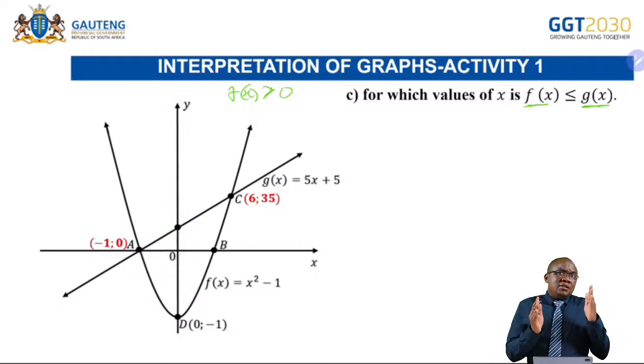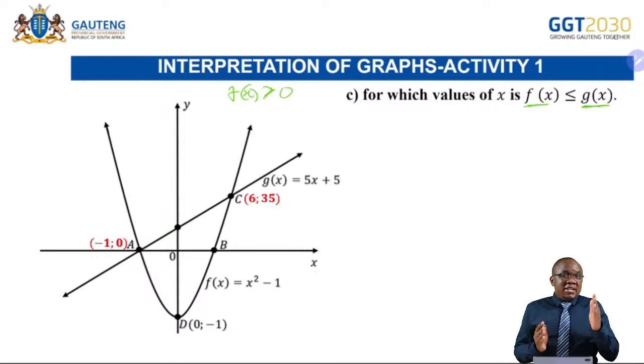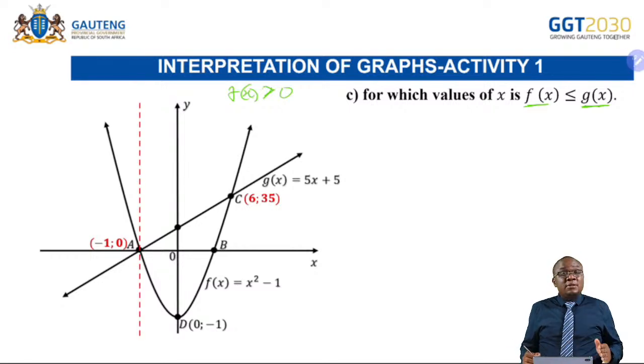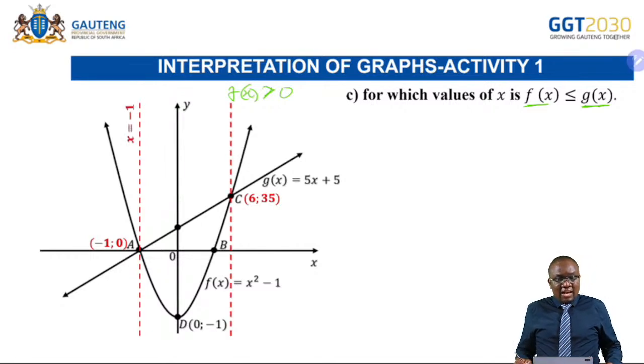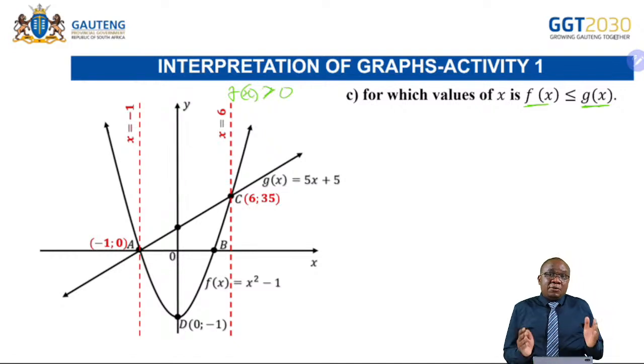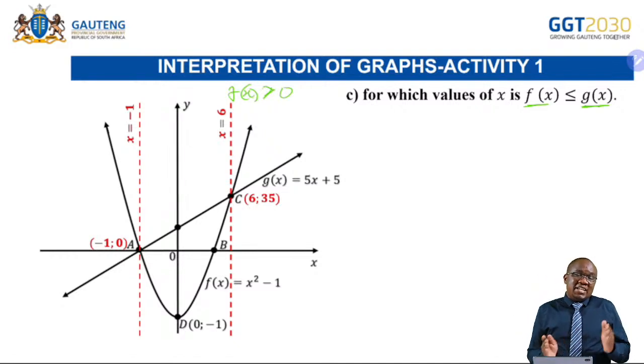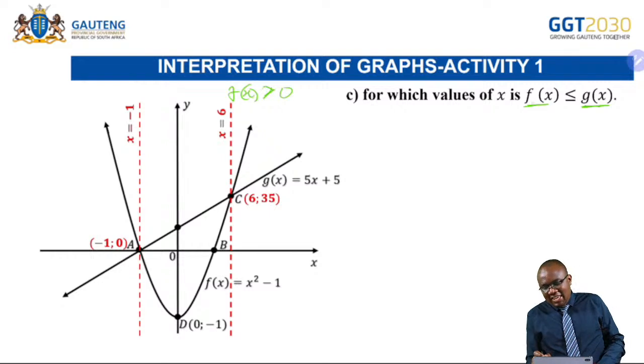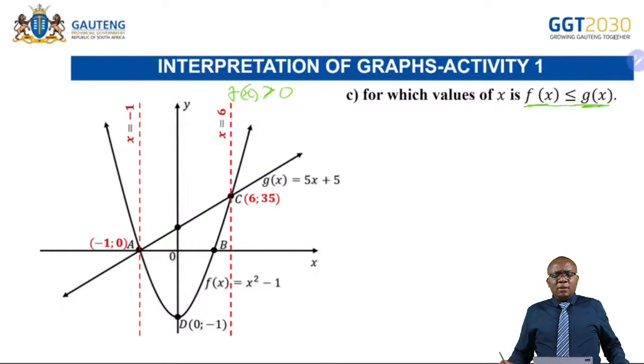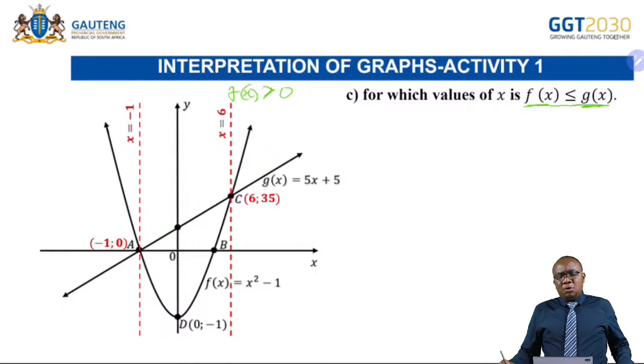Now these changes happen at the points of intersection. So draw your line on the points of intersection. This is x is equal to 1 there, and then there's another line which is x is equal to 6. Now then we investigate each region and see where is f of x below g of x.